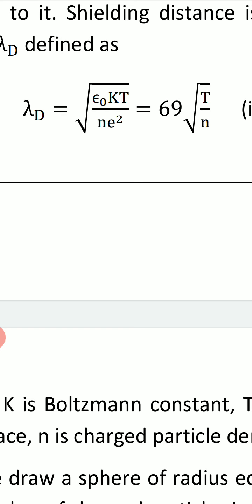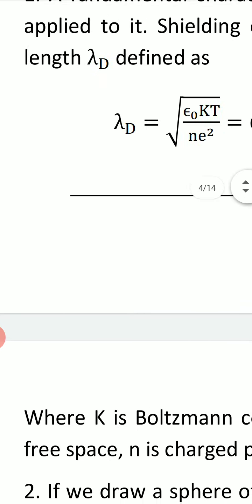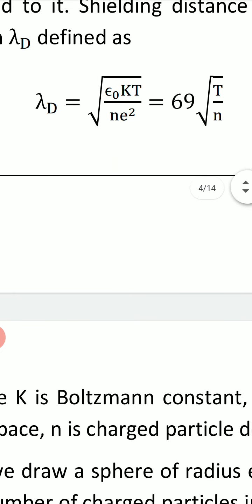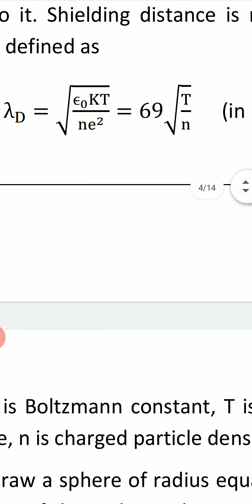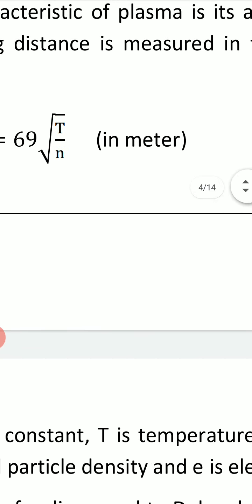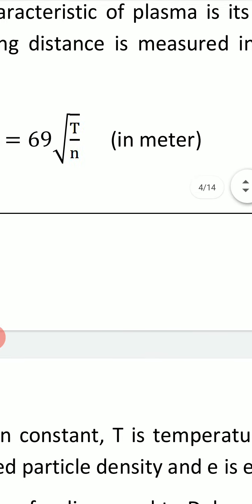If we put the values of these constants epsilon 0, k and e, we find this lambda d equal to 69 under root T upon N in meter. This lambda d, which is known as Debye length, is a measure of shielding distance, the distance up to which the electric potentials applied to the plasma are shielded.